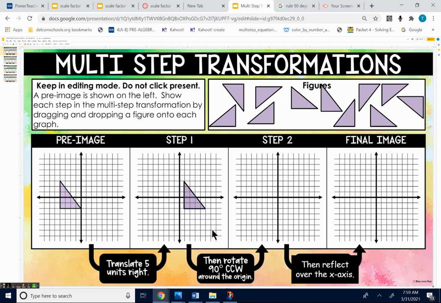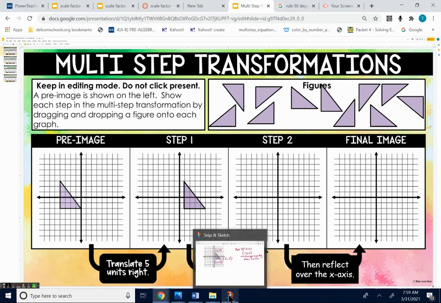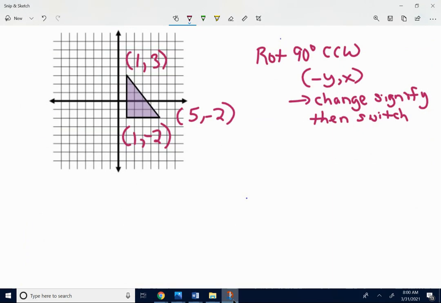Now I'm going to take that image and rotate it 90 degrees counterclockwise. I'm going to give you extra pieces of little graph paper so you could actually turn your paper 90 degrees counterclockwise after you make a sketch of this. Since I can't show you that on the computer, I'm going to show you the shortcut.